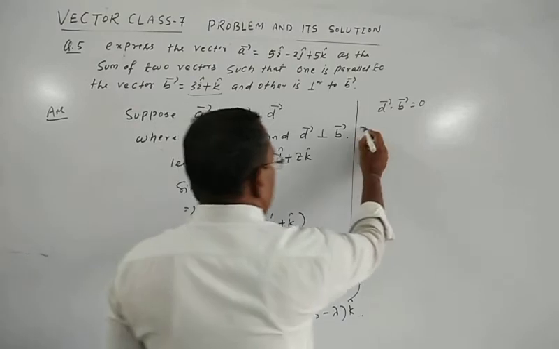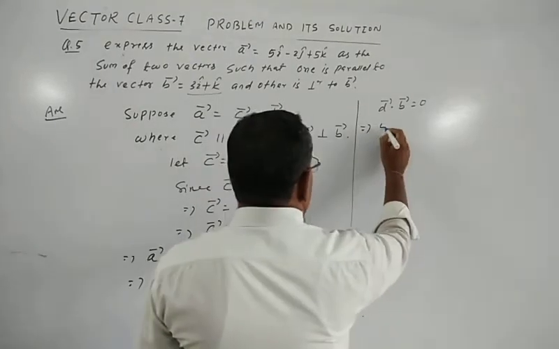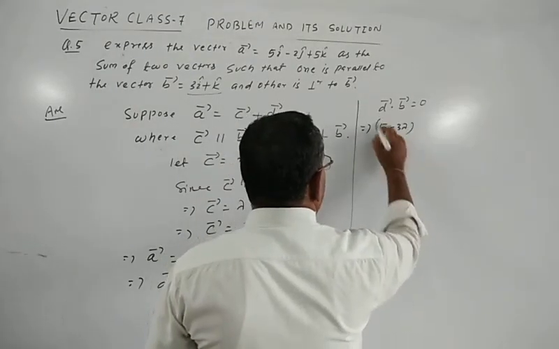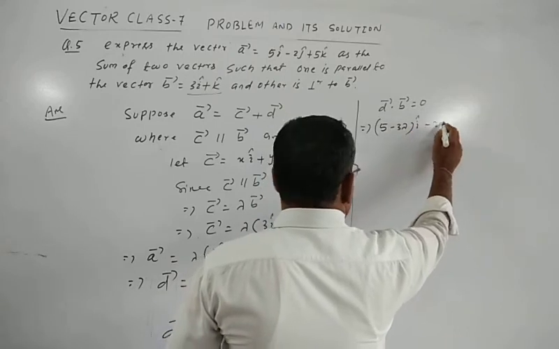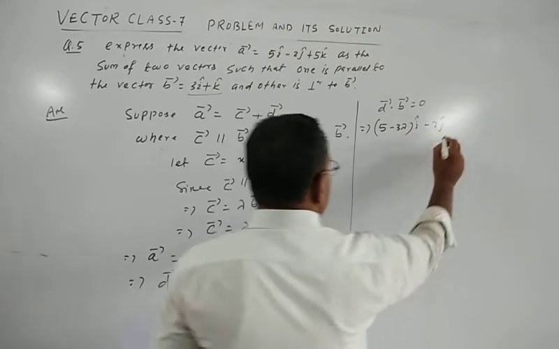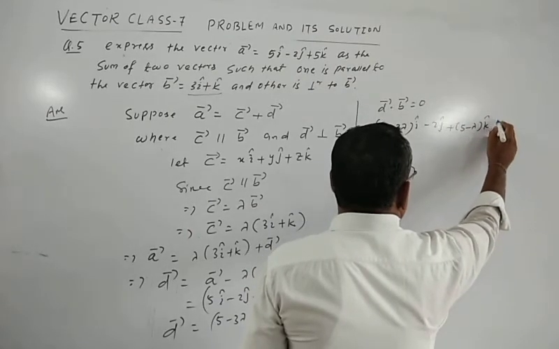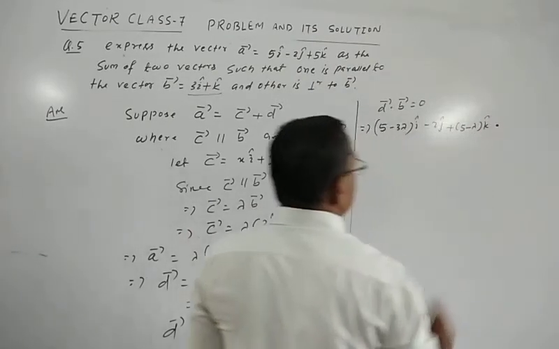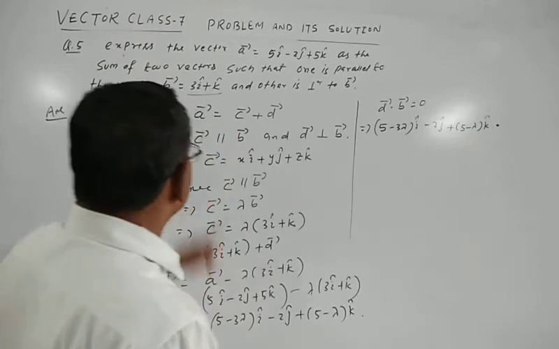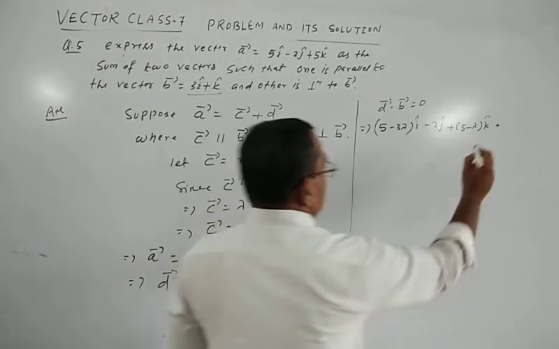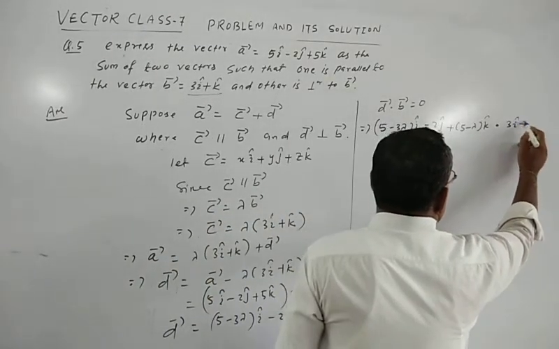So write this down: 5 minus 3 lambda into i cap minus 2 j cap plus 5 minus lambda into k cap, dot 3i cap plus k cap.